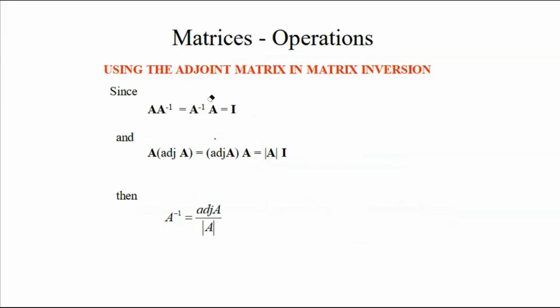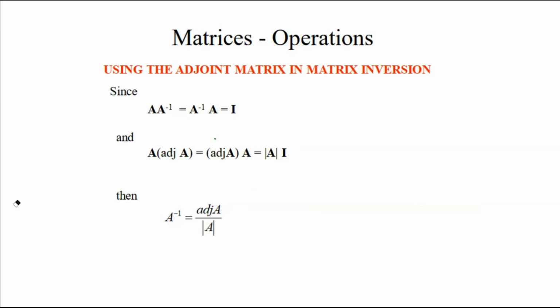And we go right back to what we talked about, that the matrix and its inverse must multiply to give you I. And therefore A times the adjoint equals the adjoint times A, which equals the determinant times I.